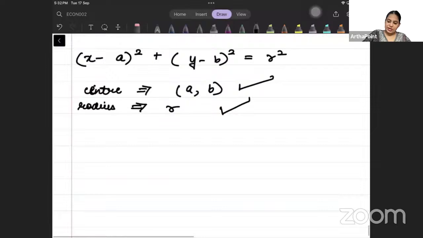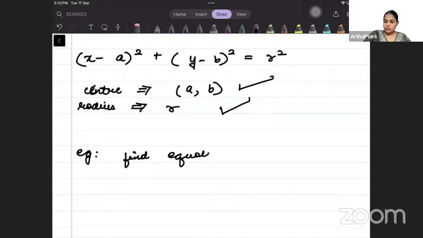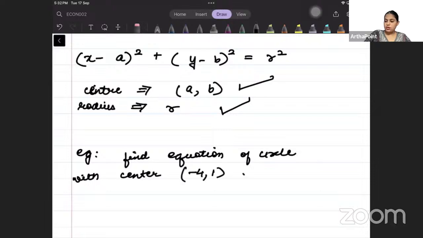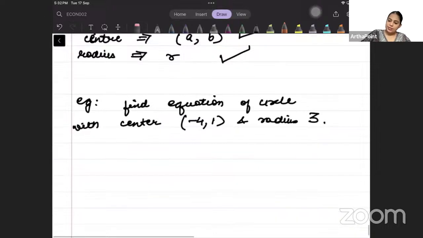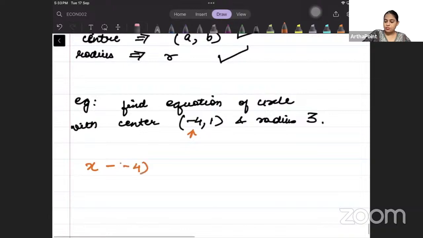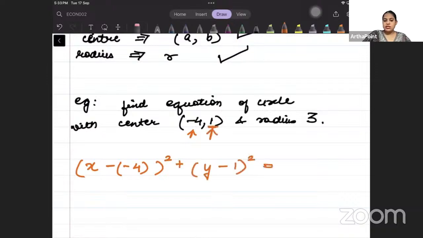For example, if I ask you to find the equation of the circle with center (-4, 1) and radius 3, what will happen? (x minus a) whole square plus (y minus b) whole square equals r square.